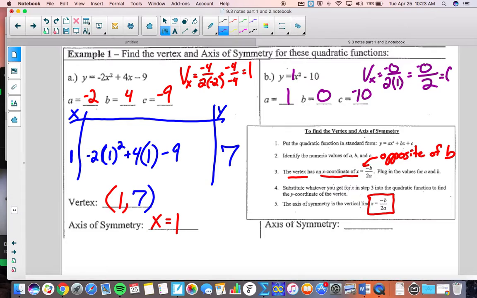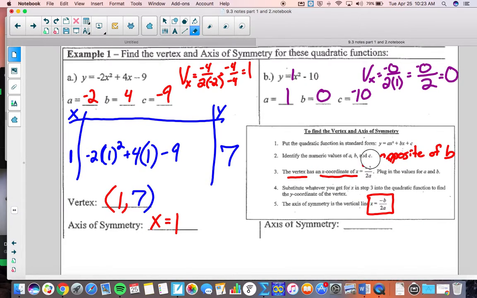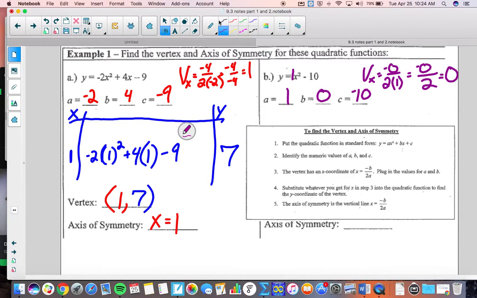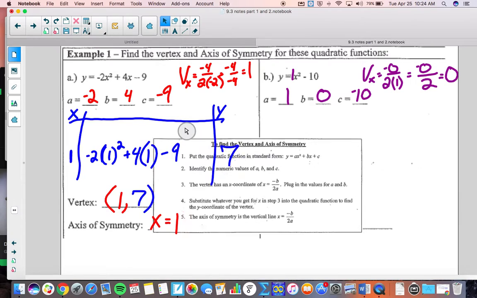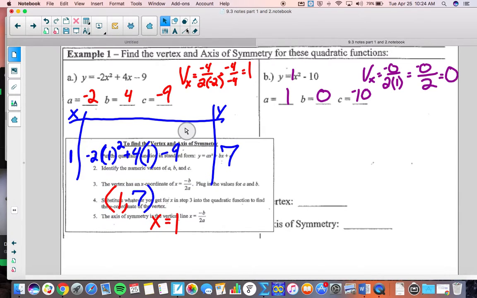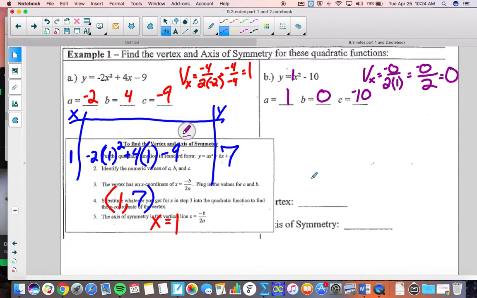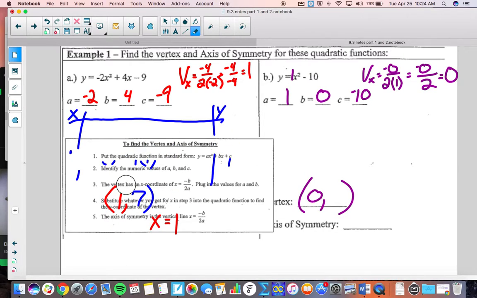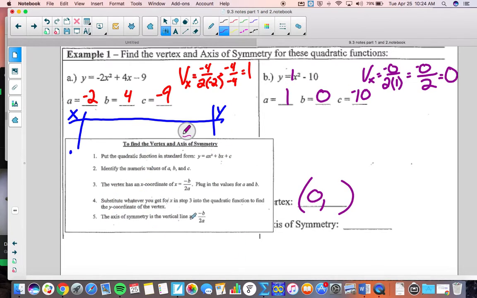That's still going to be 0. So the x-coordinate of the vertex is 0. And then I also know that my axis of symmetry is x equals the number I just calculated. So x equals 0.